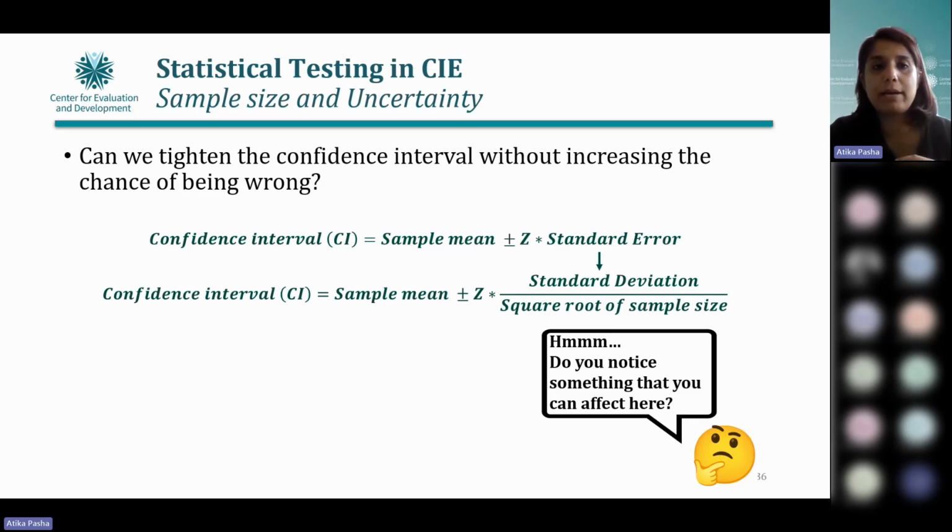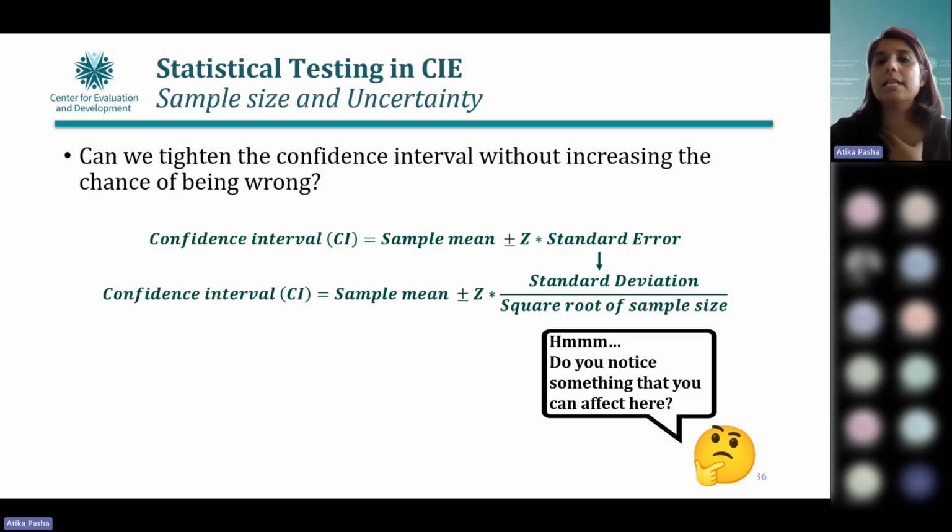And for this, I just go back to the same formula. What we want to do is basically reduce the confidence intervals. Given that our sample mean is a given, whatever we add or subtract from the sample mean has to be smaller, which means this part of our formula has to be smaller, to be able to subtract or add less and get tighter confidence intervals.